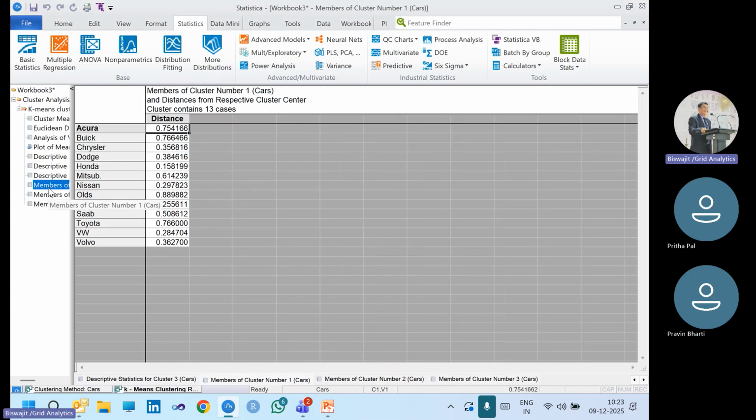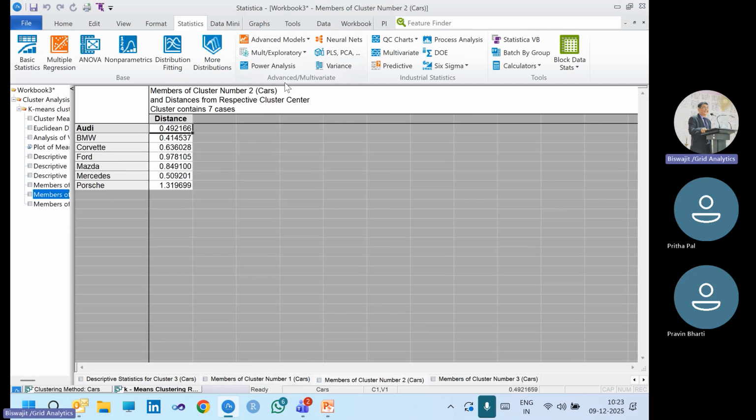So I get the individual grouping, or the members of the clusters. Cluster 1 has been formed with the Acura, Buick, Chrysler, Dodge, Honda, right? This is cluster 2, where we have the Audi, BMW, Corvette, Ford.